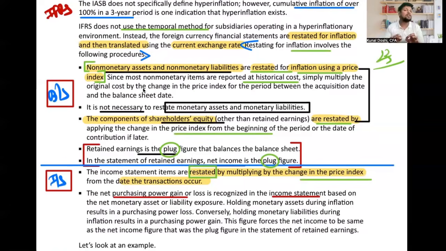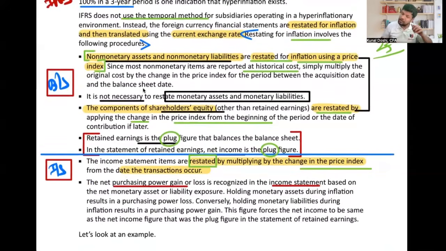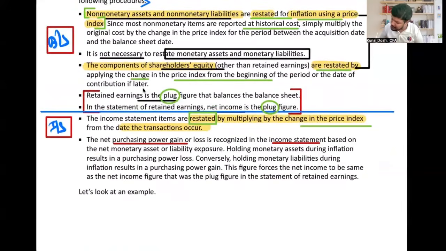Most of the non-monetary assets are recorded at historical cost, so they will have to be restated for this hyperinflation. Again, non-monetary assets and liabilities only. Monetary assets and liabilities do not need those adjustments. All right. In fact, equities are also restated because equity is also recorded at past value, right? So they will also be restated, correct? And the difference, the retained earnings, they are saying, is the plug balance.